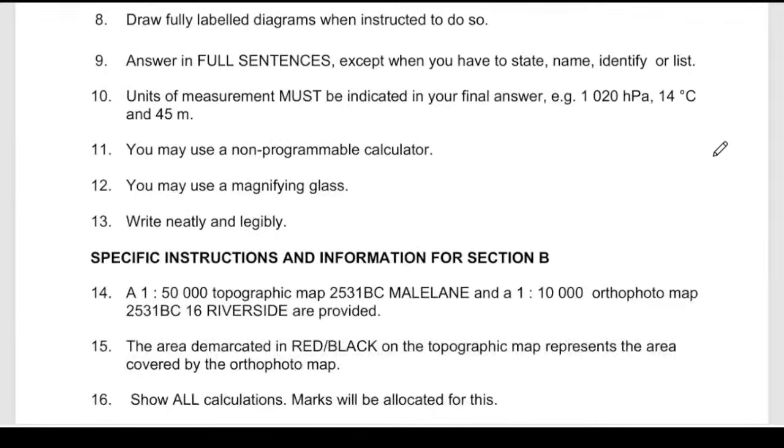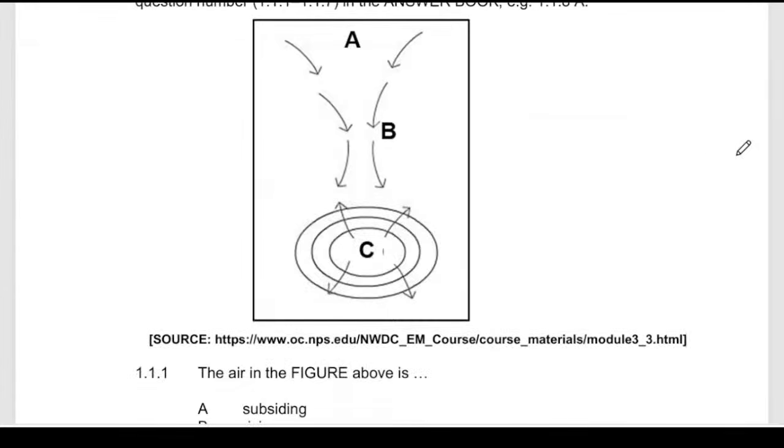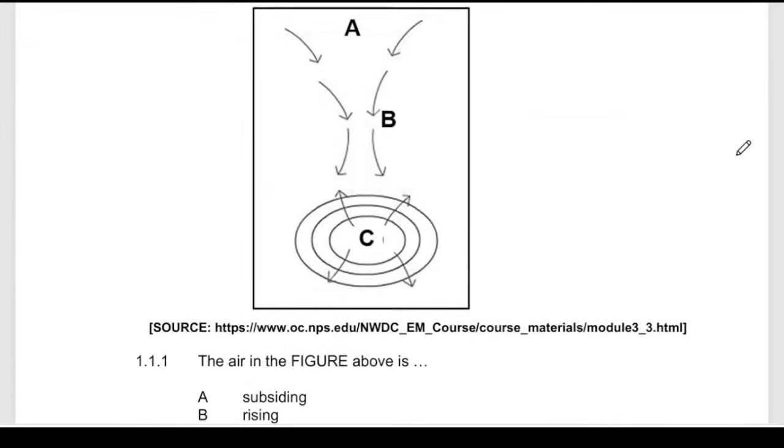We go to our first section, Section A, question number 1, the atmosphere. The first question is saying, the A in the figure above is... We are looking at a situation where we want to analyze this kind of air movement.